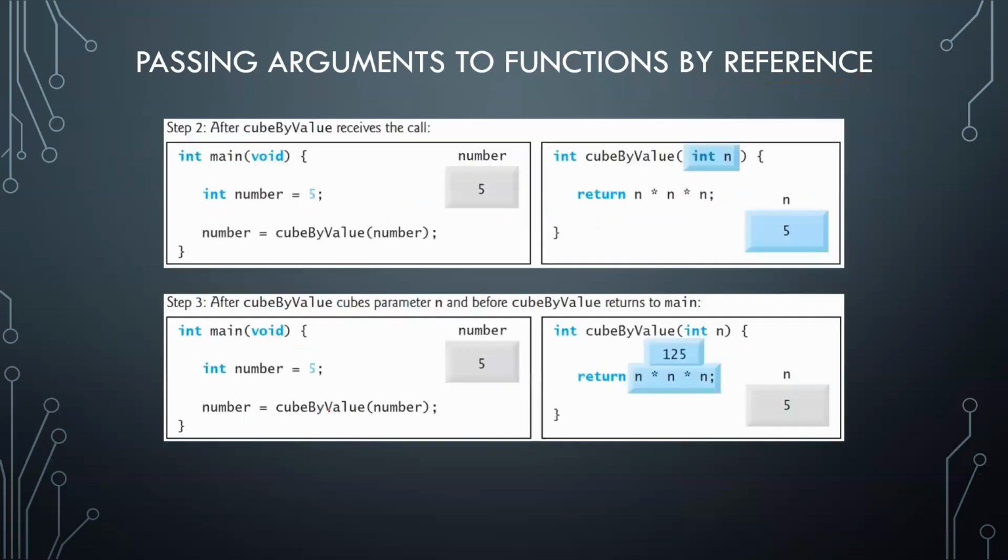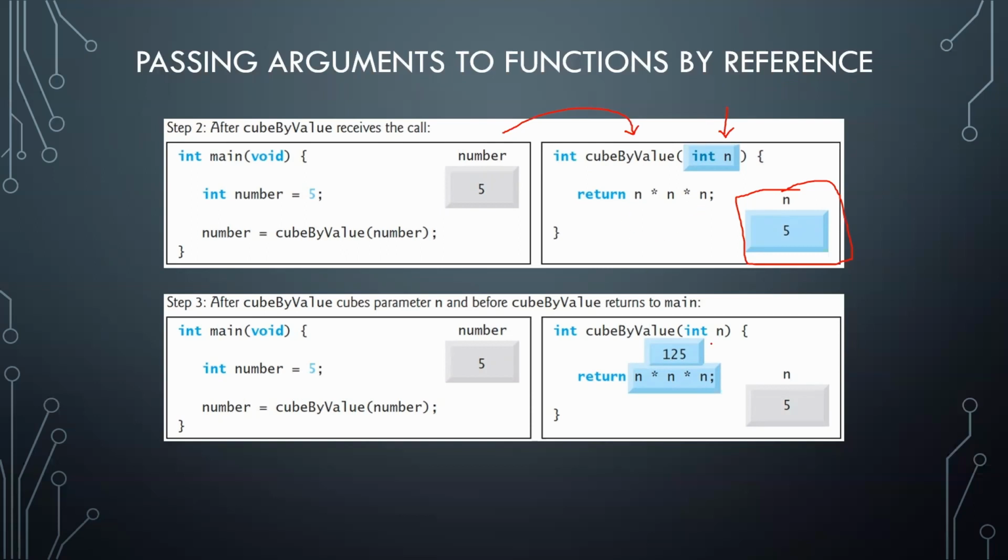Now I'm going to do number equals cube by value. Well, what that's going to do is it's going to go and call the function cube by value. Here it's going to create another integer n with a separate memory location to use within that function. And it's going to return n times n times n, which is the 125, which is what we looked at just a minute ago.